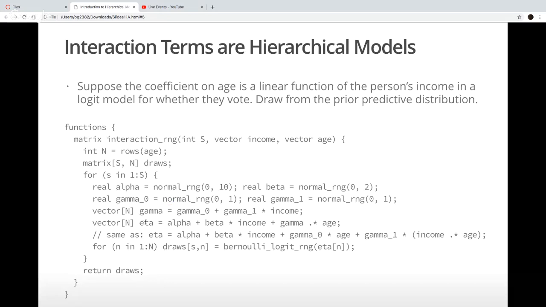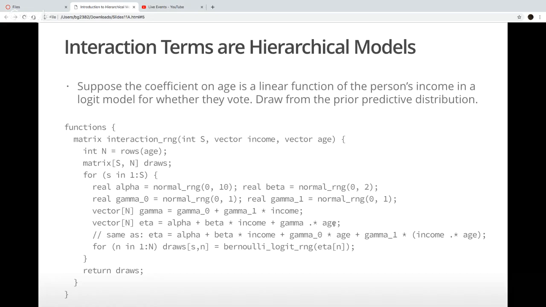So the full specification for the log odds is alpha, the original intercept, plus beta, which is the coefficient on income for the log odds of voting, plus gamma, which was on the previous line, this linear function of income, element-wise multiplied by the person's age.